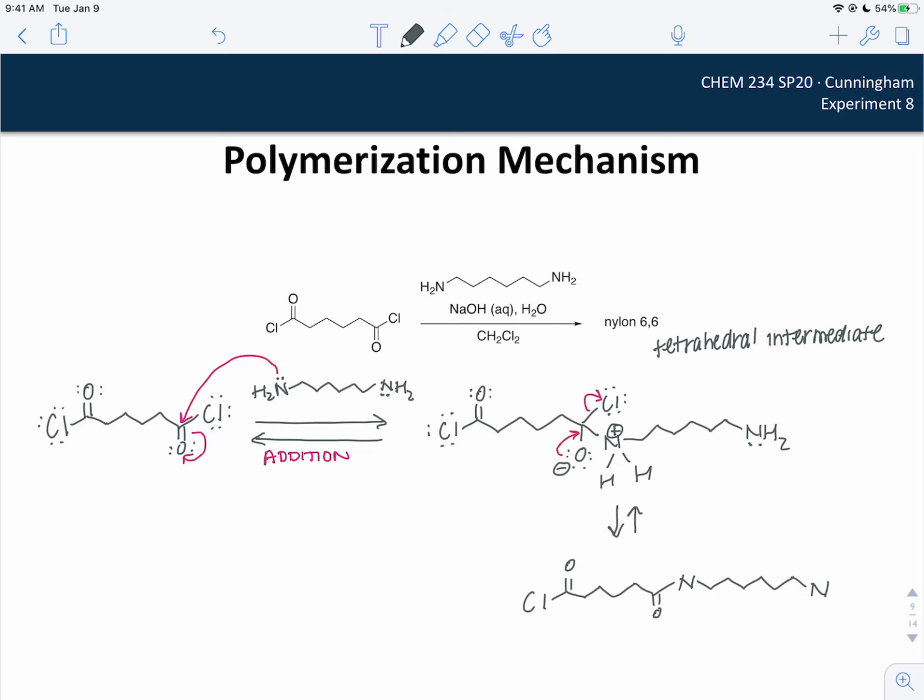Again, we want to make sure that we have the right number of carbons in our final structures. So we've got an ammonium species here, and we've also got our chloride ion that we just kicked out in our elimination step.